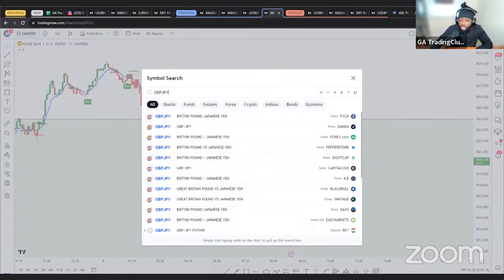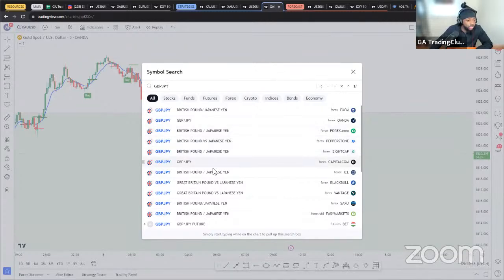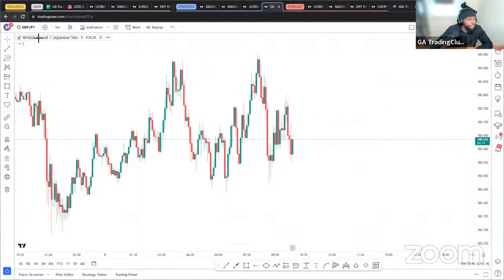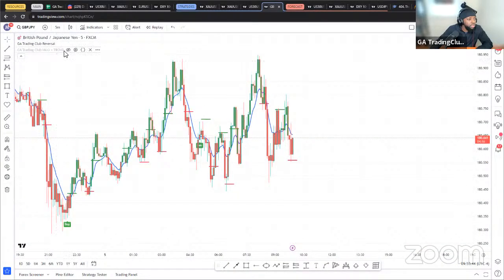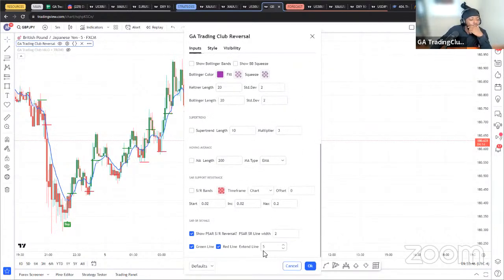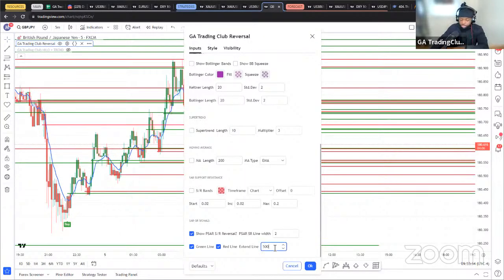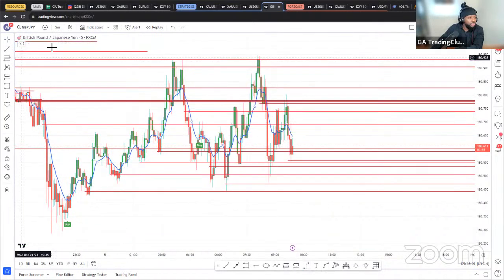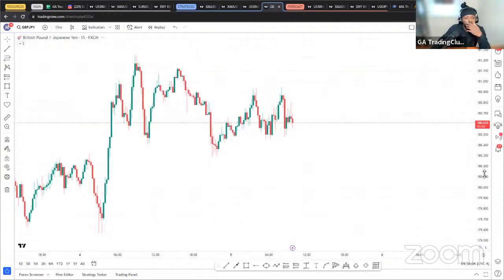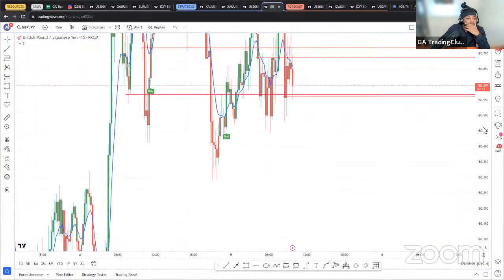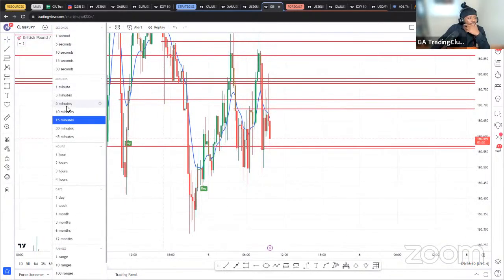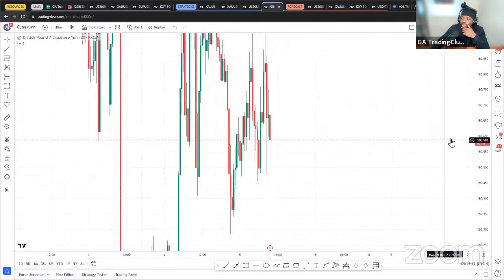So I know that the hourly candle on gold is about to close. I don't like how gold is pumping up.